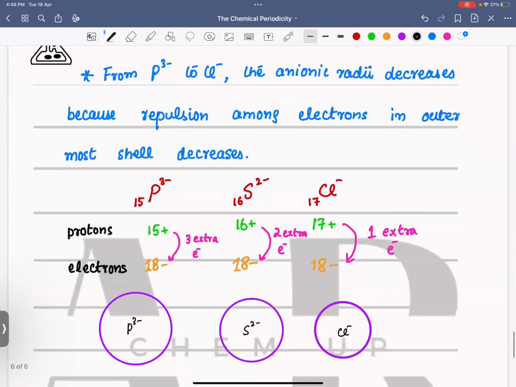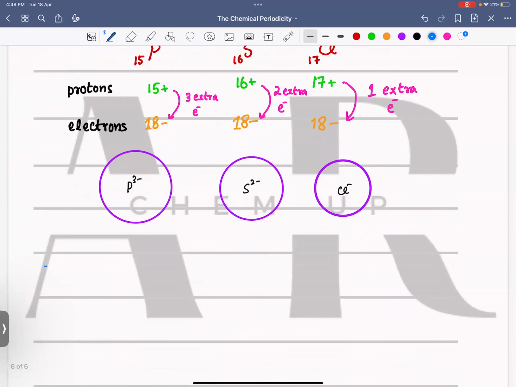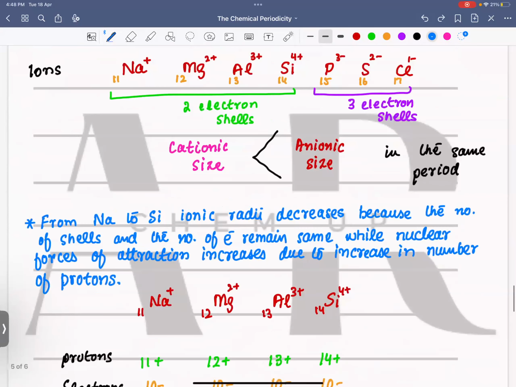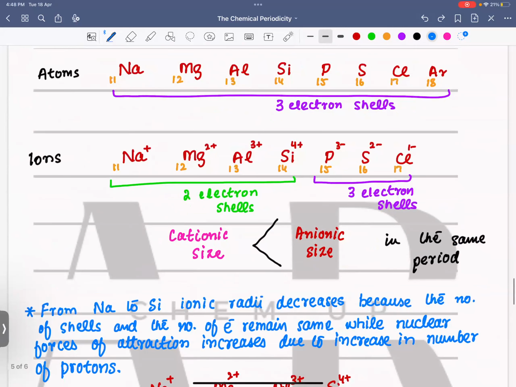Okay, so the next point that you must keep in mind, that's what I have told you earlier in the start of this ionic radii discussion, that the cationic size is always smaller than the anionic size in the same period.